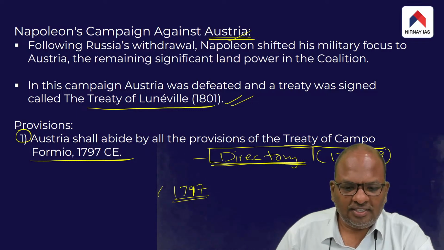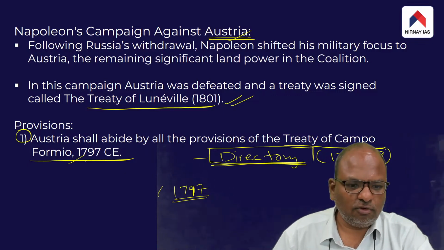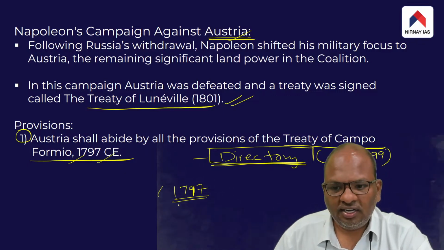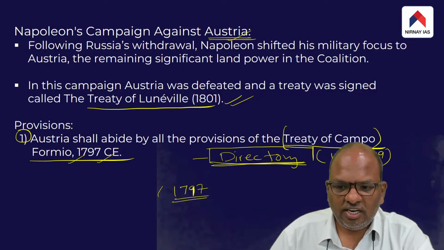Napoleon successfully invaded Austria, Austria was defeated, and thereafterwards Austria was forced to enter into the Treaty of Campo Formio.